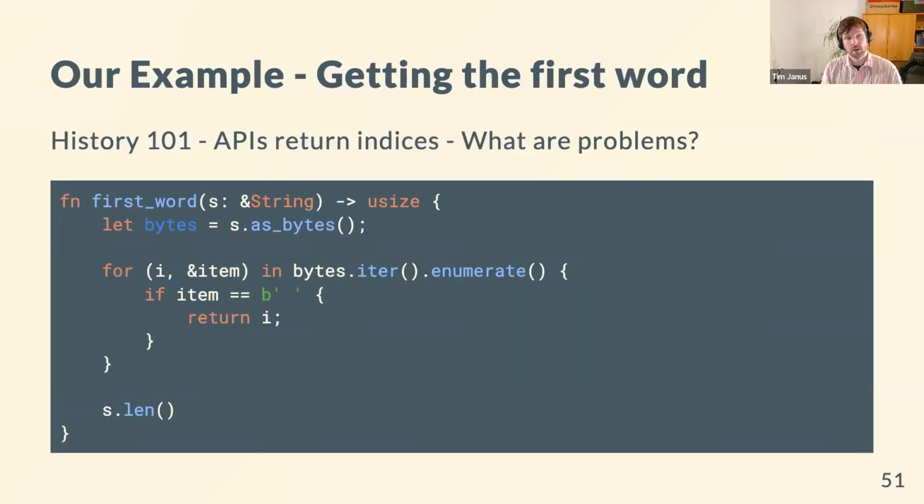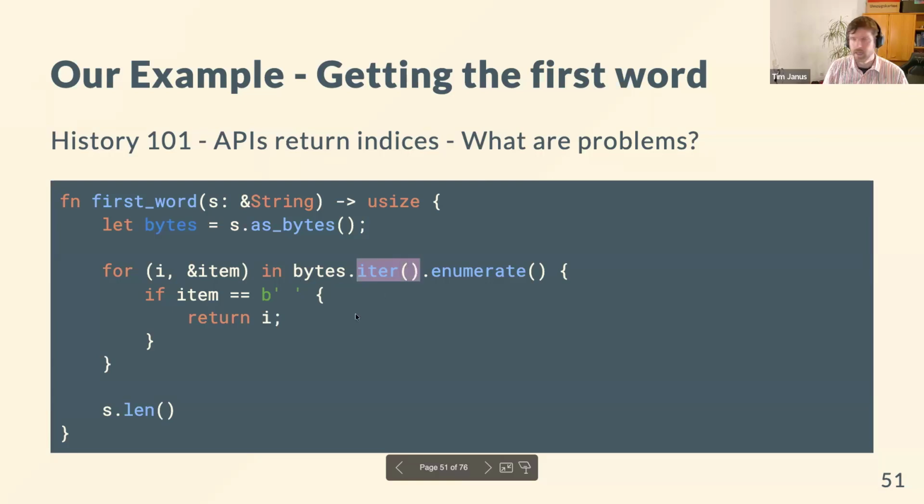And so in this book, they also use this example of first word, and at that point, it started to add in some dependencies on an iterator API, but we will go through this step by step. So we have a function, first word, that gets a string reference and returns the usize. So at what index does the first word end? We can then convert that to a byte array and iterate over the bytes.